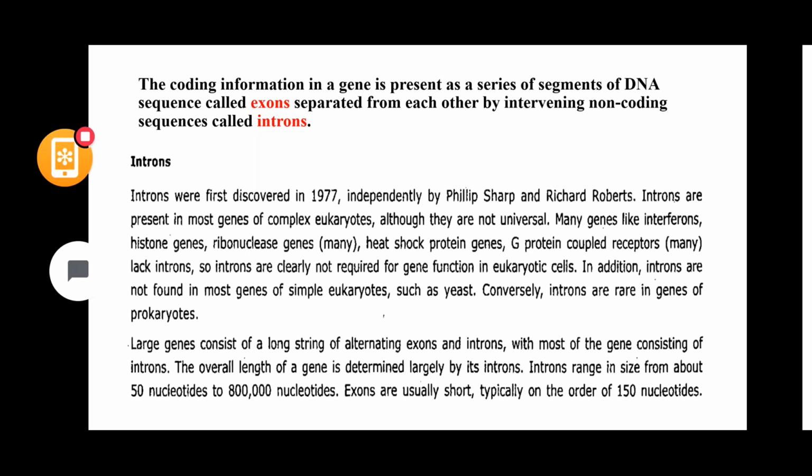Introns were first discovered in 1977 by Philip and Richard. These two scientists discovered introns present in the eukaryotic genome in a complex manner. Although they are not universal, many human genes, like interferons, histones, heat shock protein, G protein, and ribonuclease, lack introns.